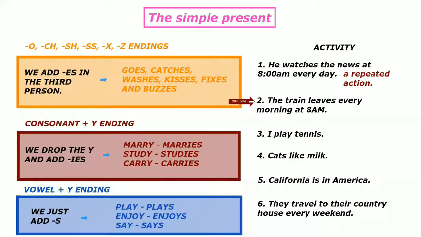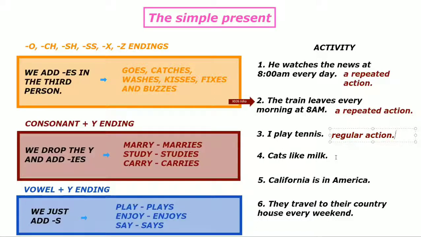We have the train leaves every morning at 8 a.m. So in here, we are also talking about a repeated action. Here we are talking about a regular action as well. So this one is regular action.